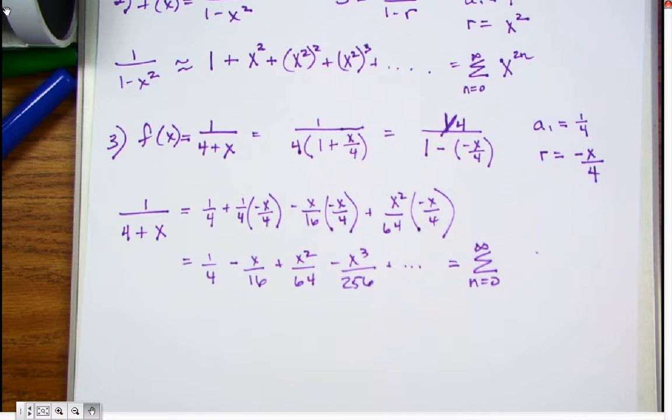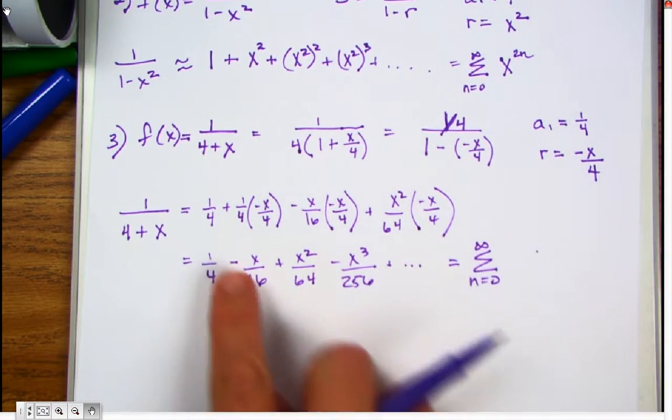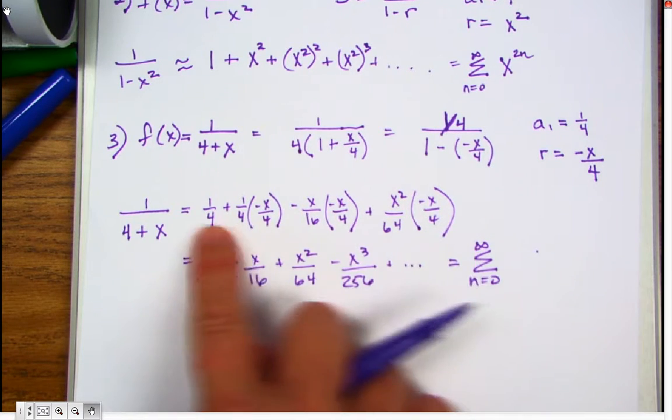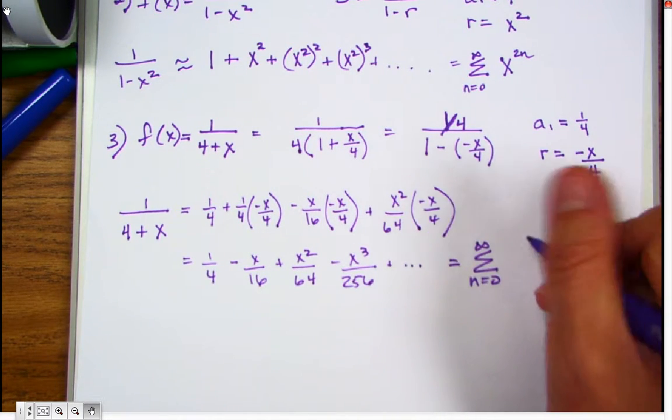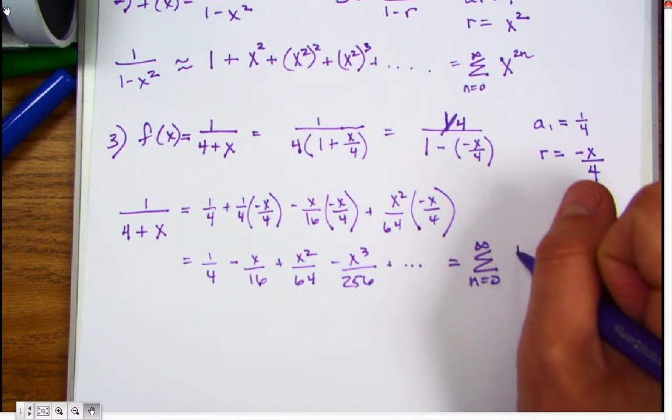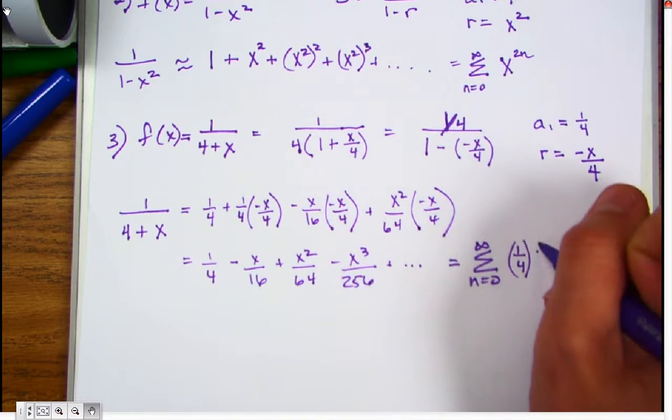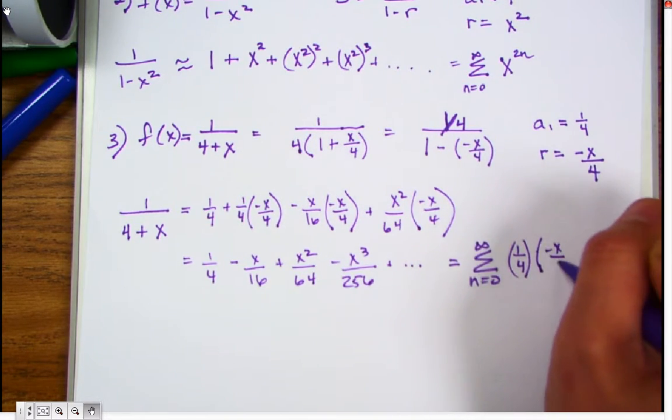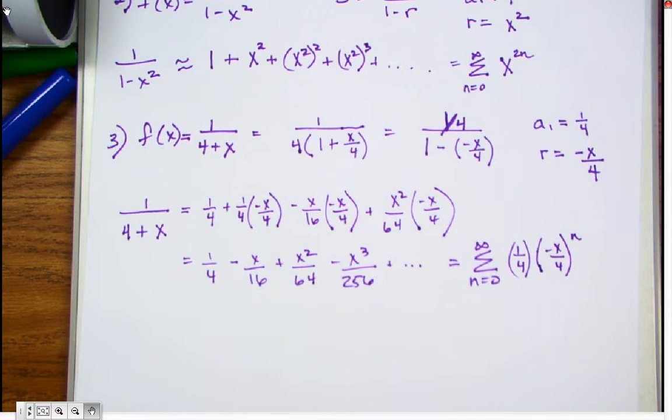The reason that I did mine like this was just so that I could keep it in that same form. I could just do 1/4 times negative x over 4 to the n power.